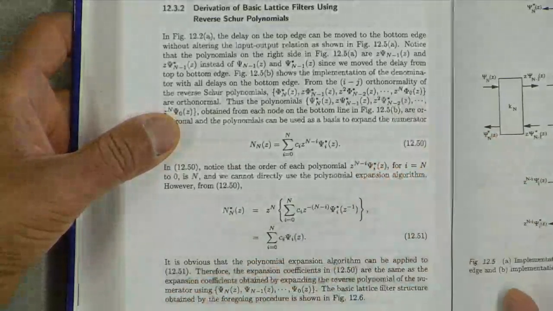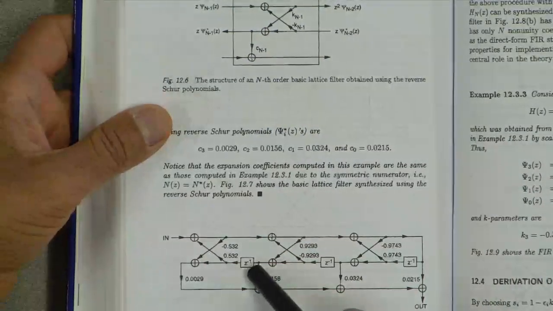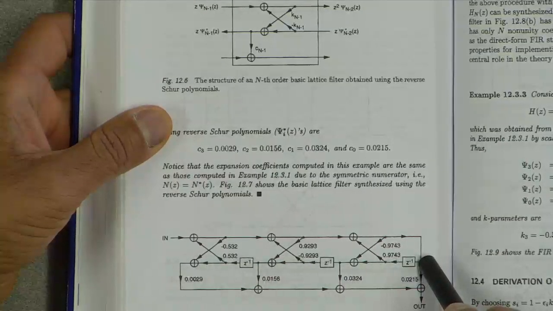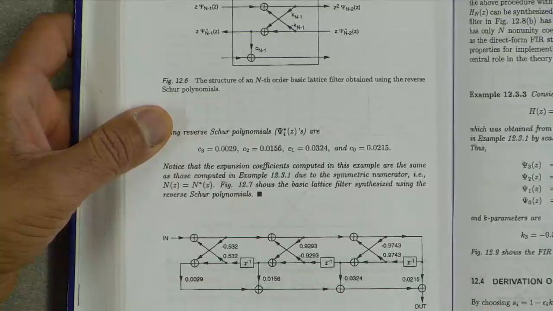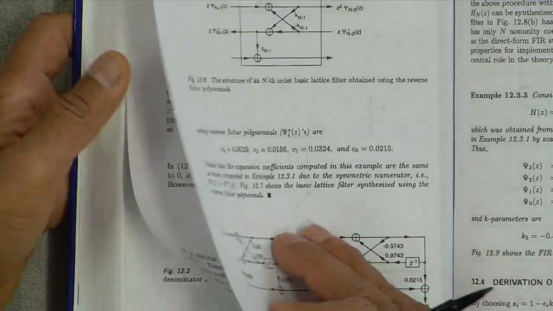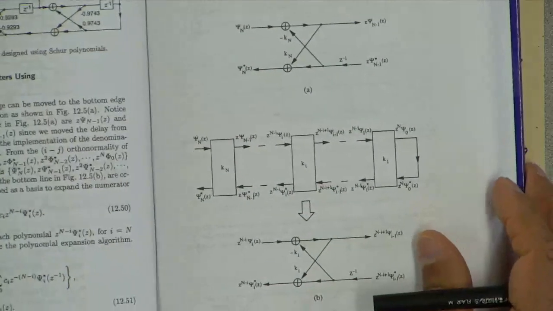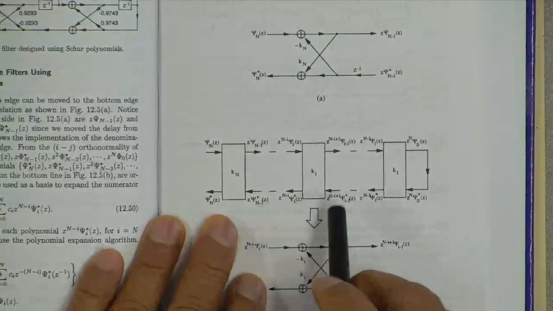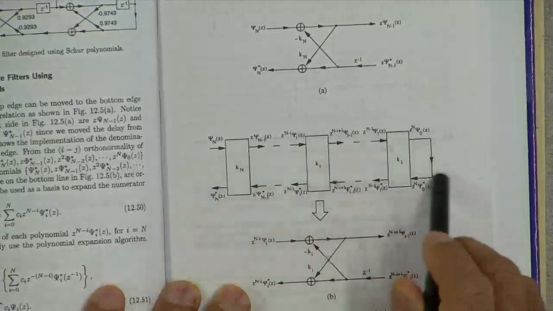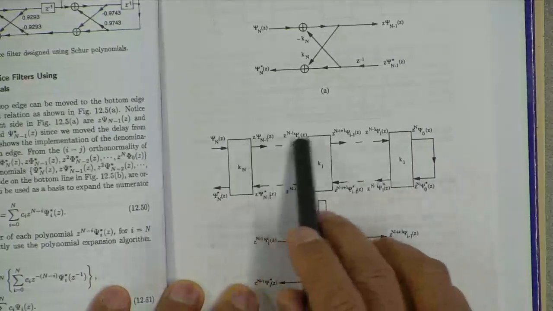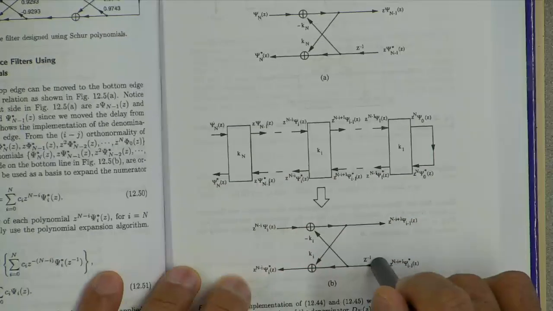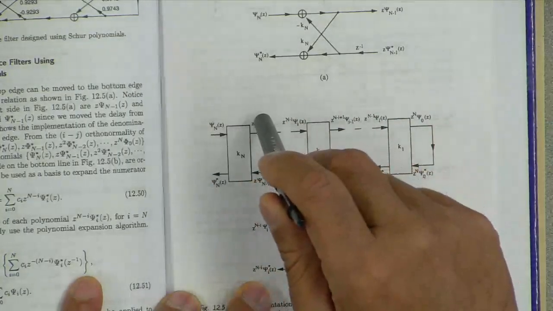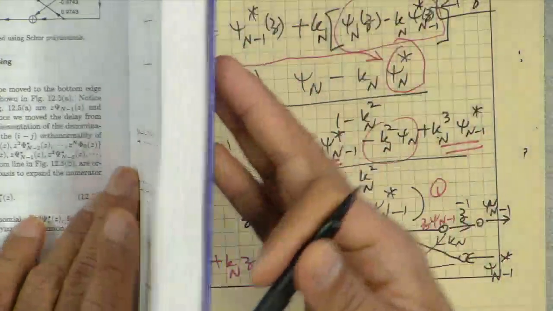Because of that, by pushing the delay to the bottom, we are able to convert these polynomials on the bottom from psi 3, psi 2, psi 1, psi 0 to psi n star, z psi n minus 1 star, etc. So when expanding with respect to the bottom, the delays from the top have been pushed to the bottom, and the polynomials now associated with top and bottom are psi n star, z times psi n minus 1 star.